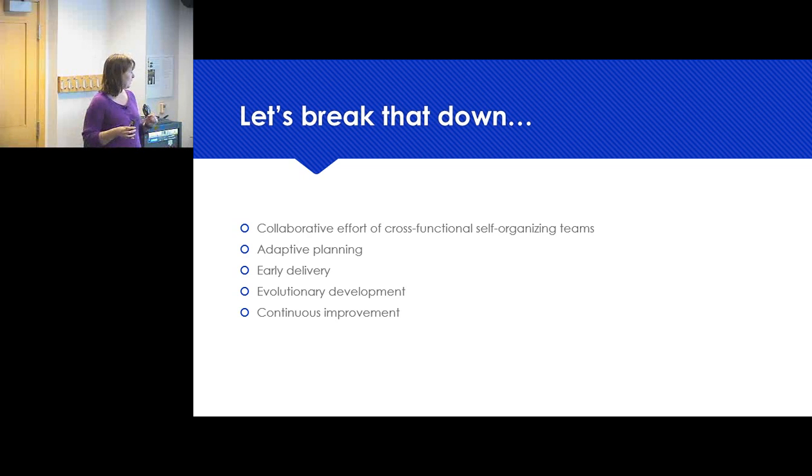The first one is collaborative effort of cross-functional self-organizing teams. What that means is our team is not just software developers, and not just software developers and project management. We have software developers. We have project management. We have people who wear a QA hat. And we have user experience designers, and we have our data manager as well.